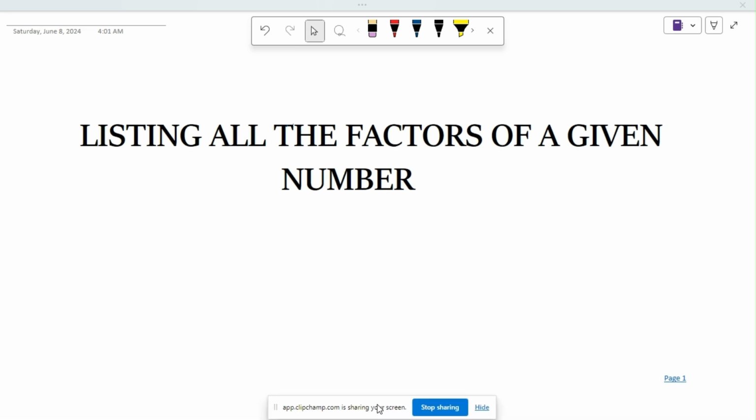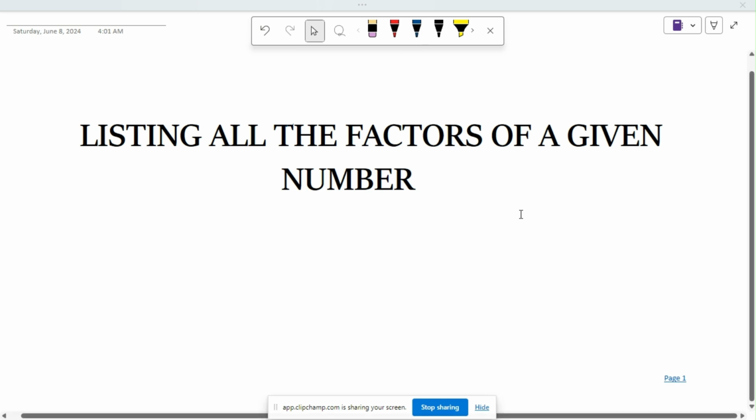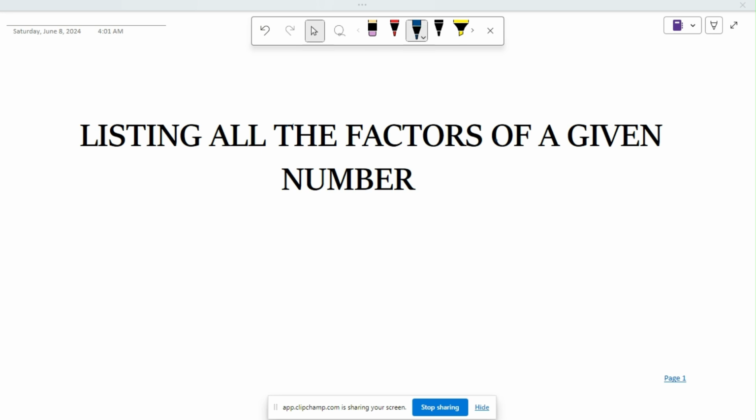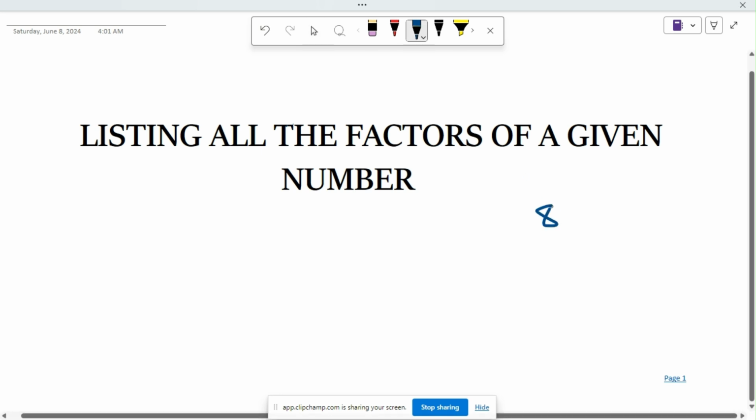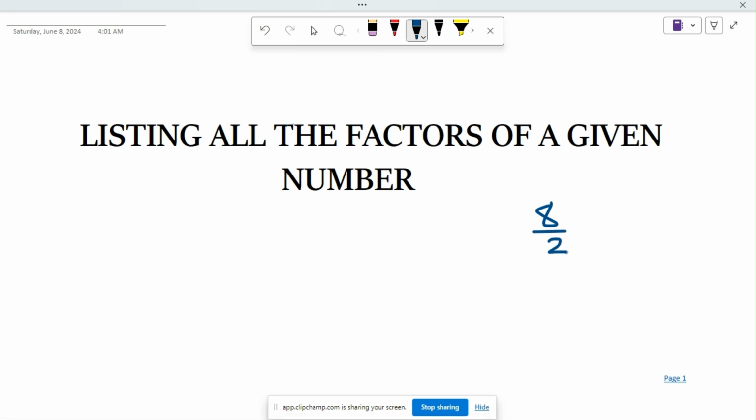Then I remember we considered an example. Specifically, we made use of 8. We divided 8 by 2, another whole number, so our outcome was 4.